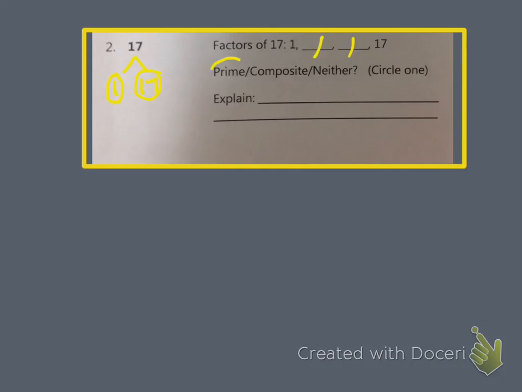Well, it's prime because it only has two factors. That's our explanation that we're going to write down. Since 17 has exactly two factors, it is a prime number.